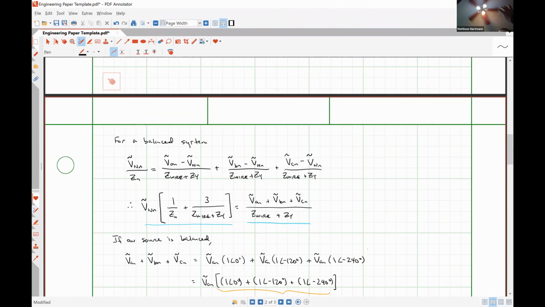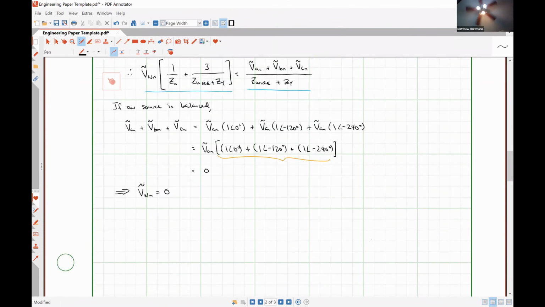Let's go ahead and look at a couple of other revelations from figuring out that the neutral to neutral voltage is 0. So our current flowing through the neutral conductor is, by definition, V capital N, lowercase n, although it doesn't matter because it's 0, divided by Zn is equal to 0.